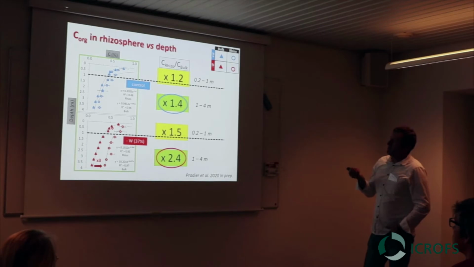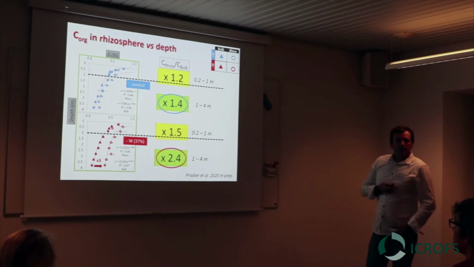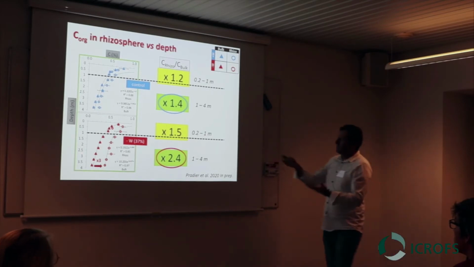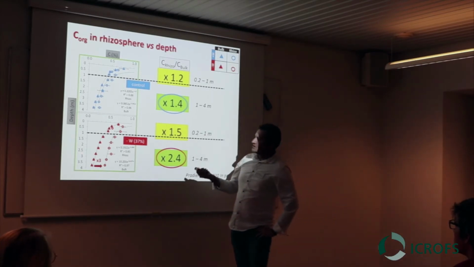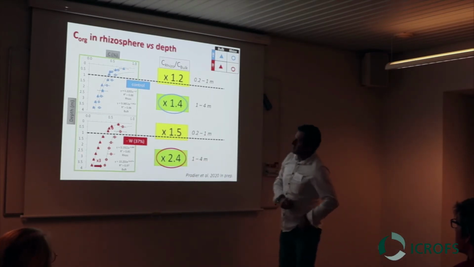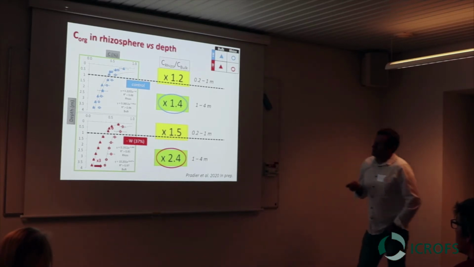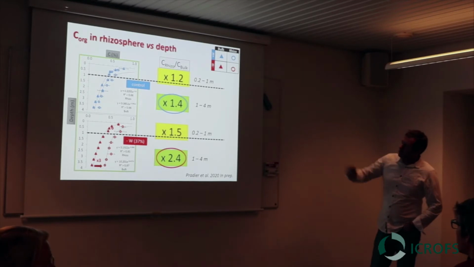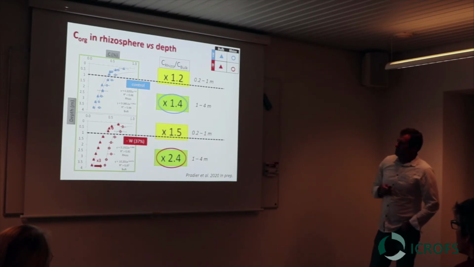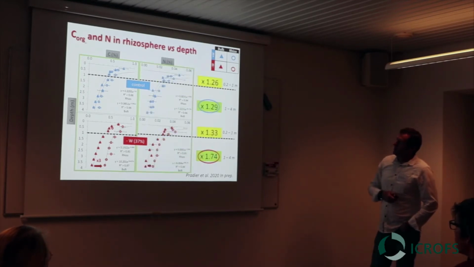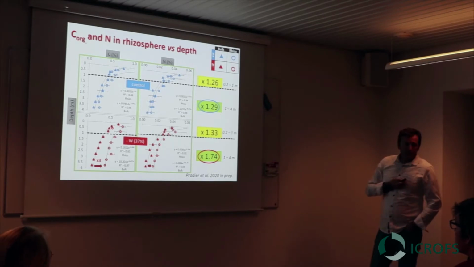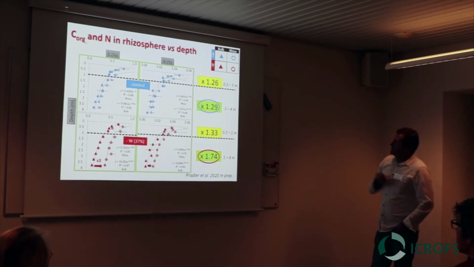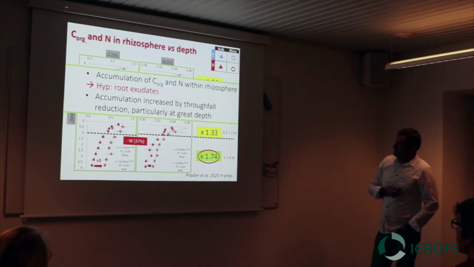And in the drought treatment, where we remove 1/3, 37% of the precipitation, we saw that this accumulation of organic carbon increased even more, up to 3 times in the deeper horizon. We found the same trend for nitrogen, but with lower values.